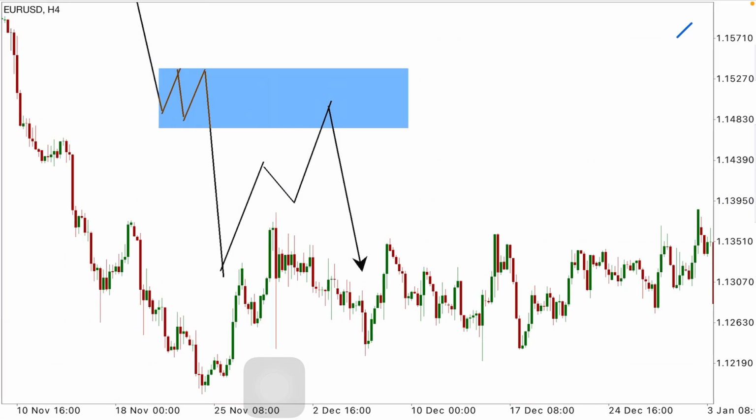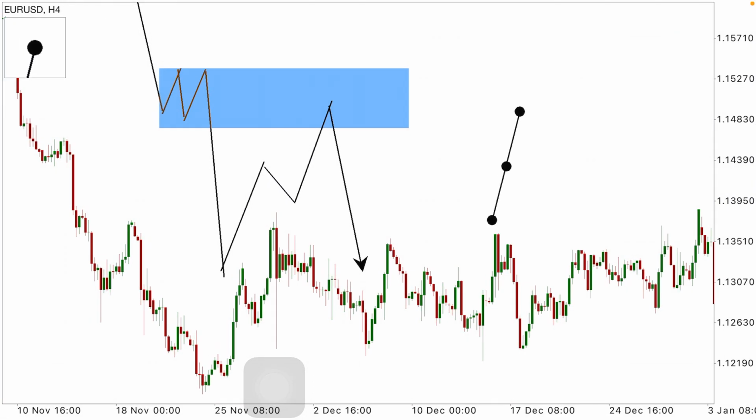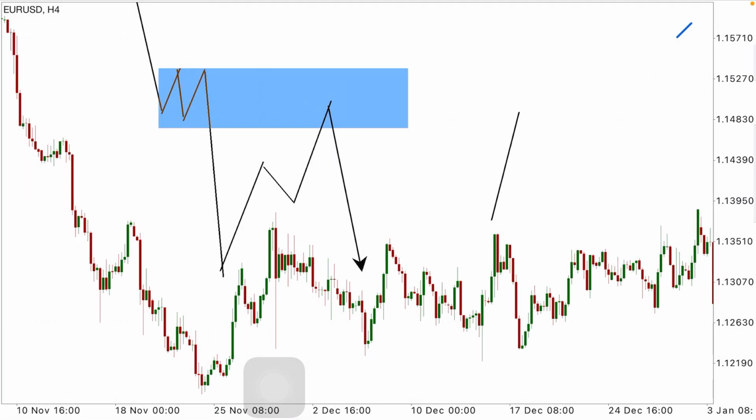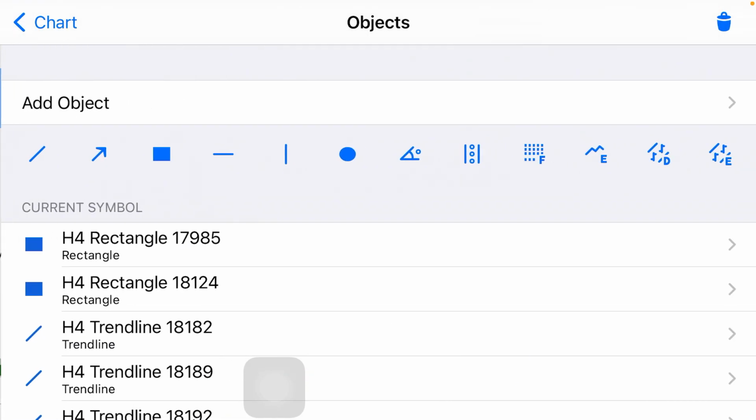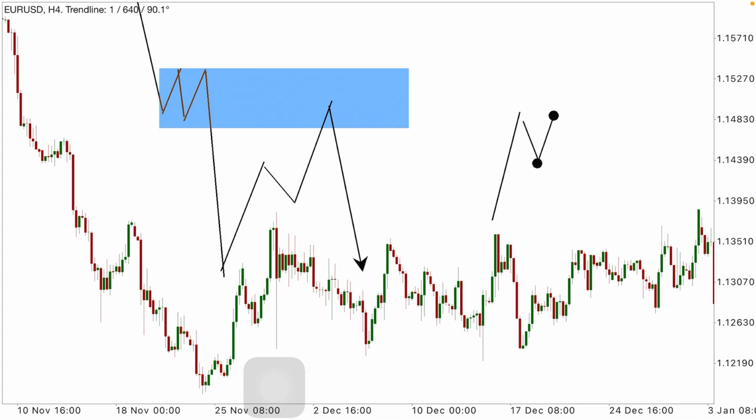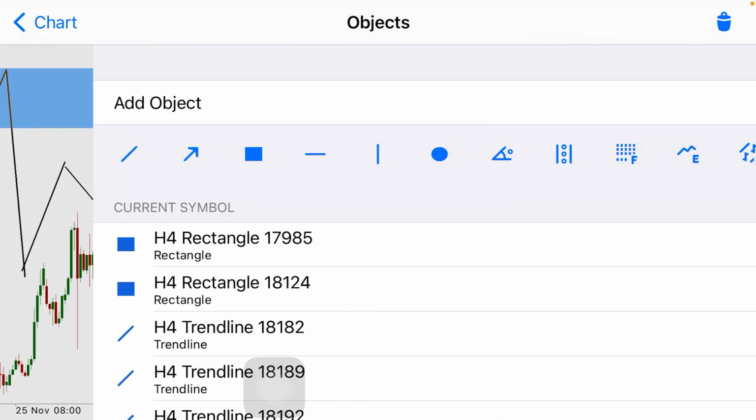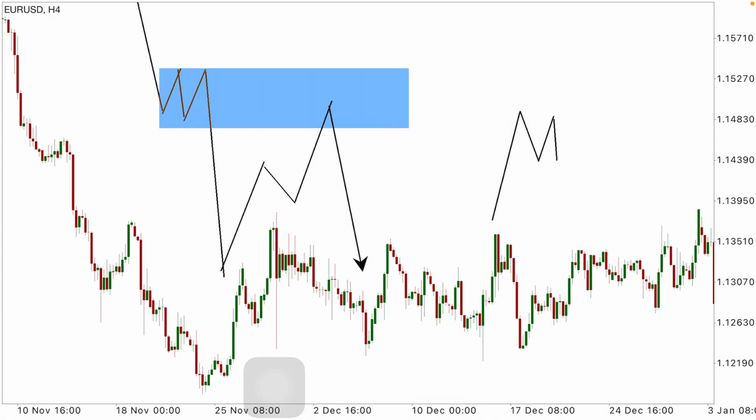The market rallies up, forms a base like this, pardon my sketch, just to help you understand it well. Then it rallies up again, giving us a demand zone.